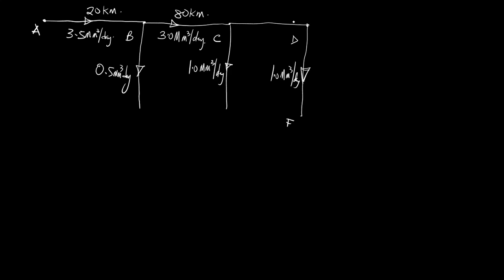Now, from here to here is what? 50 kilometers, since from A to D is 150 kilometers. If you add up all this, you have 150 kilometers.